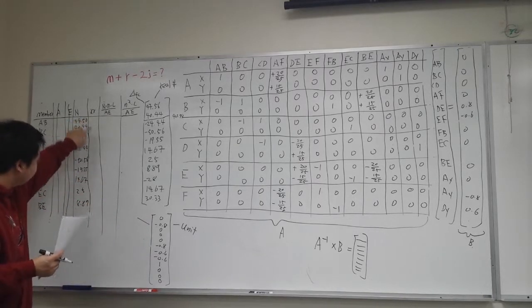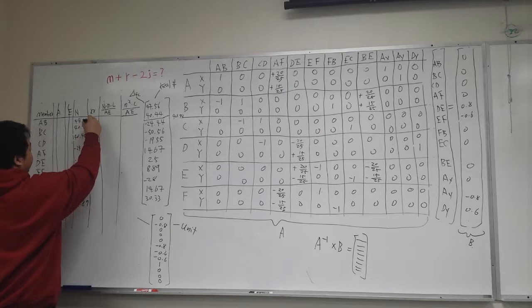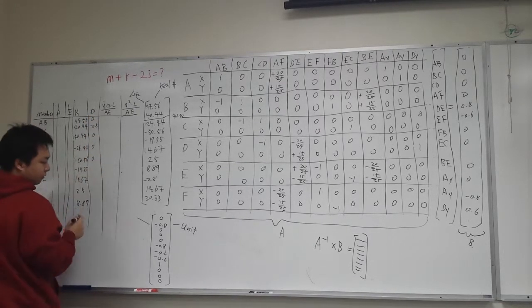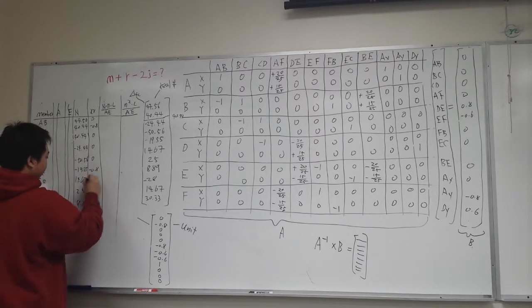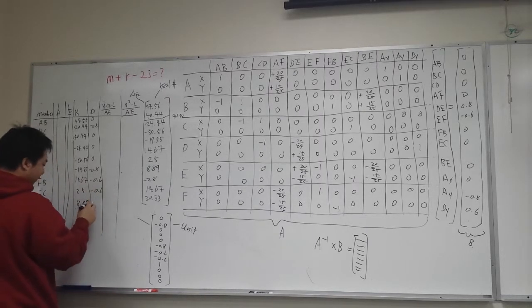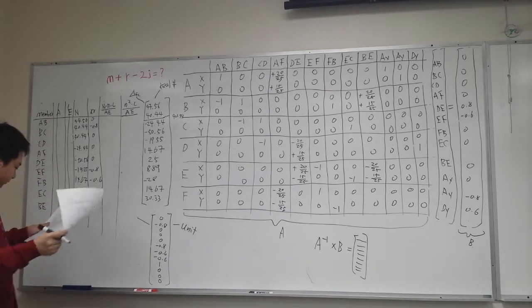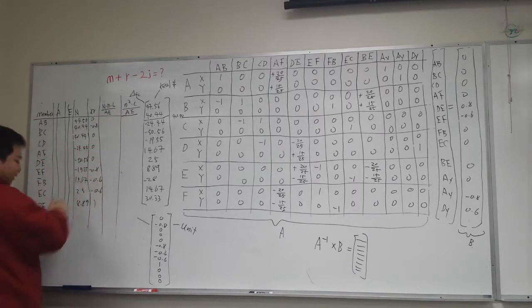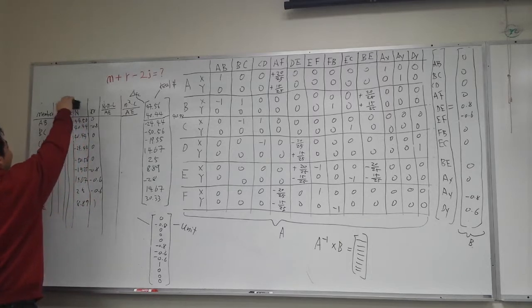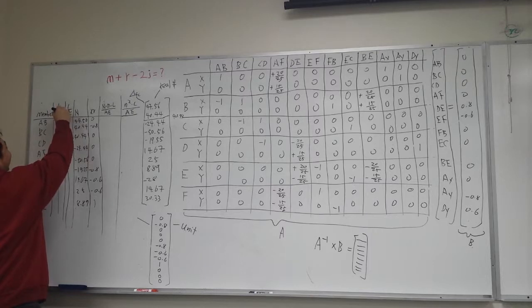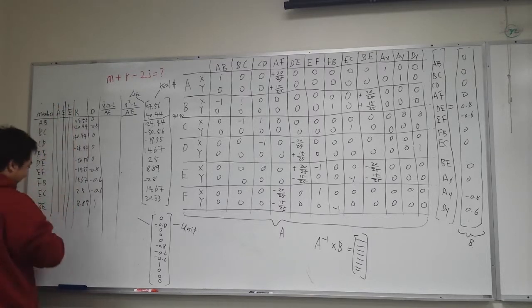So you're going to copy this and put it right here. So you're going to have 0, negative 0.8, 0, 0, 0, negative 0.8, negative 0.6, negative 0.6, and 1. For this one, you forgot L. So you cross out A and E, and this one you make our L column.